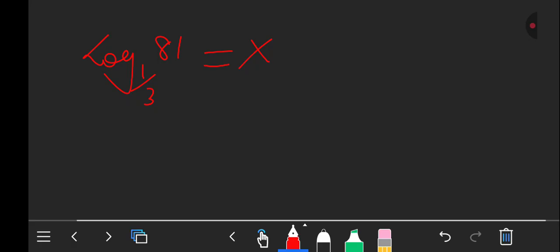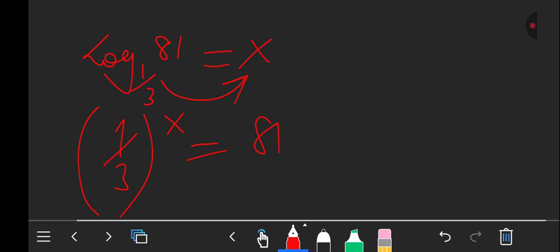You can take this to the other side, so it will be 1 over 3 to the power x is equal to 81.